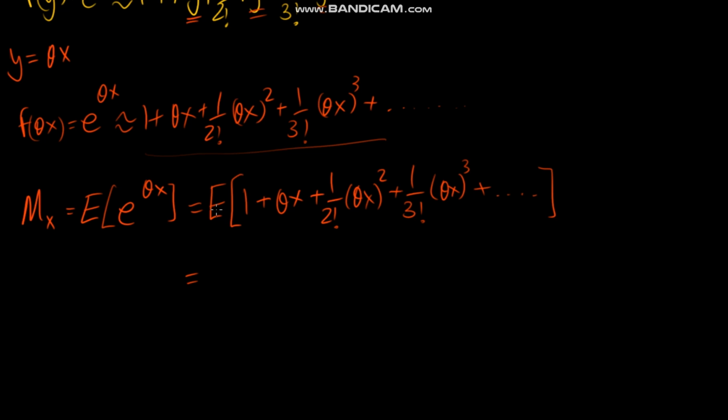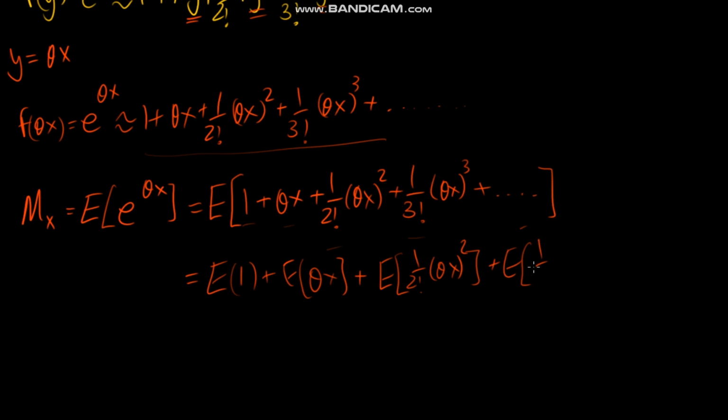Because this is an expectation, we can take the expectation of each part individually: the expectation of 1 plus the expectation of theta x plus the expectation of 1 over 2 factorial theta x squared plus the expectation of 1 over 3 factorial times theta x cubed, and so on. Let's take all the constants out of the expectation.